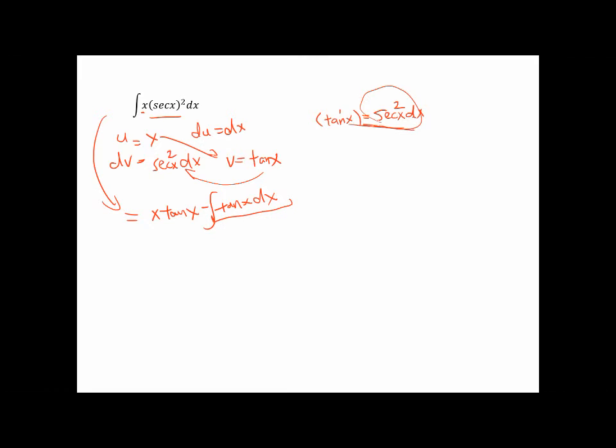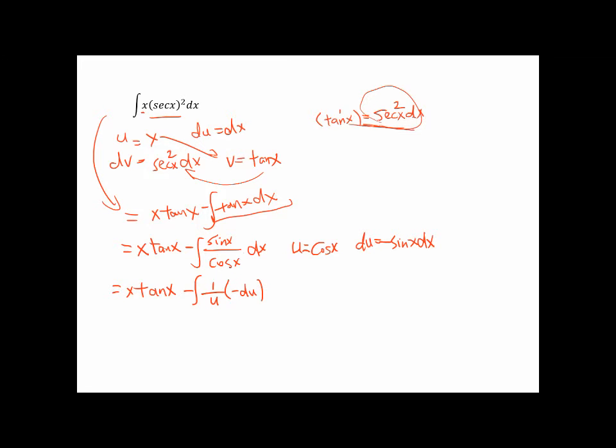which is here. Remember how to solve this? So x tangent x minus the integration, I want to rewrite it into sine over cosine, right? So here, substitution, u equals cosine x, du is going to be negative sine x dx. Plug in: x tangent x minus 1 over u, negative du, right?